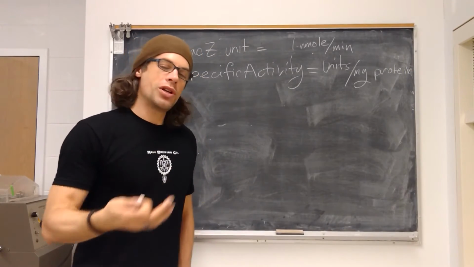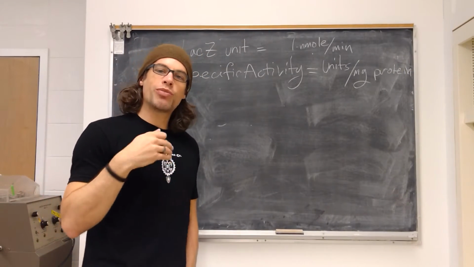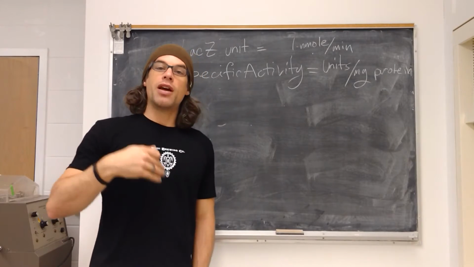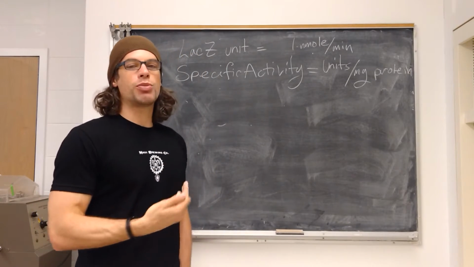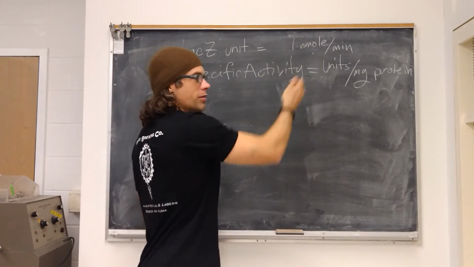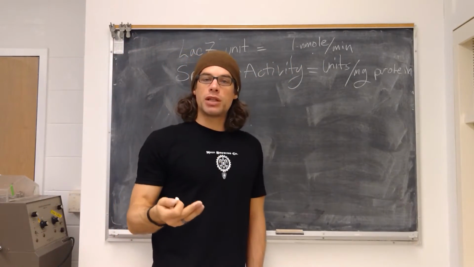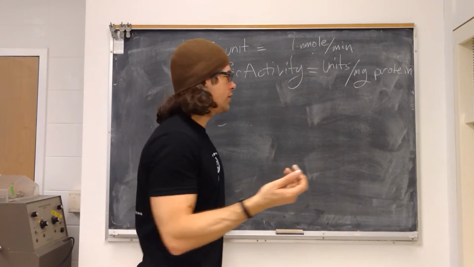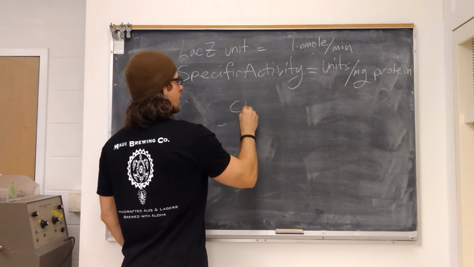Now, we couldn't determine this last week, but this week we're doing protein assays on our cleared lysate and on our purified protein. From that, we can work backwards to a specific activity. So, we can already determine from our ONPG assays the units per microliter of, say, our cleared lysate. Okay, so let's take an example of our cleared lysate.